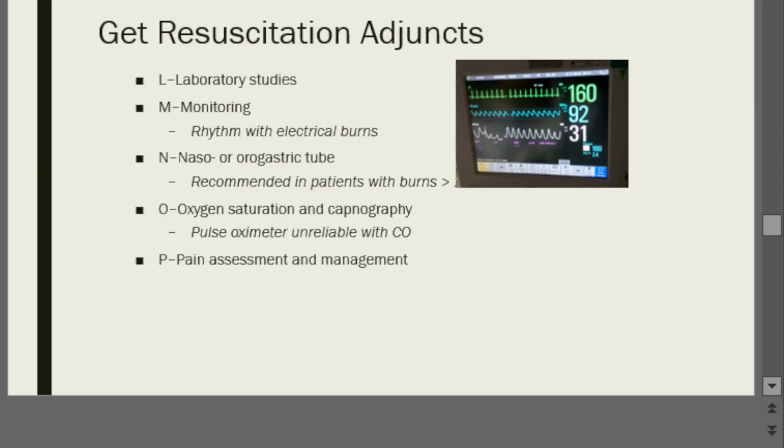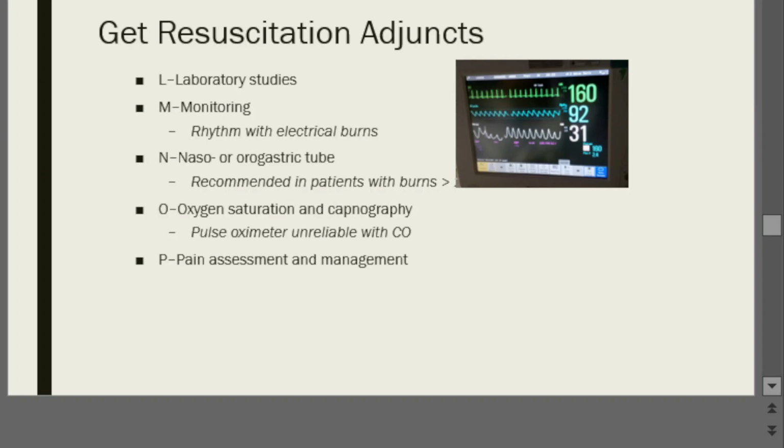It detects carbon monoxide just like it detects oxygen, so it will show us a very falsely high reading of what's actually going on, which is why an arterial blood gas is going to be so important for these people.